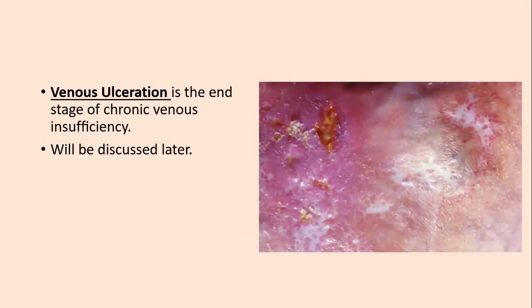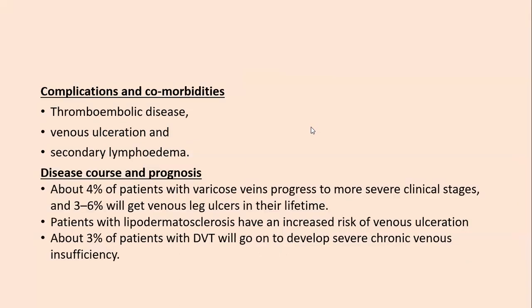Then the end result of venous insufficiency is the venous ulcer. This venous ulcer will be discussed in detail in the next talk, and this is a difficult ulcer to treat. The complications and comorbidities are thromboembolic disease, venous ulceration, and secondary lymphedema.